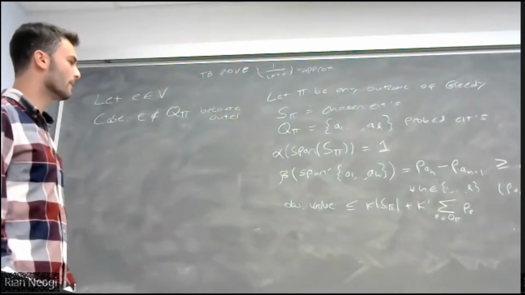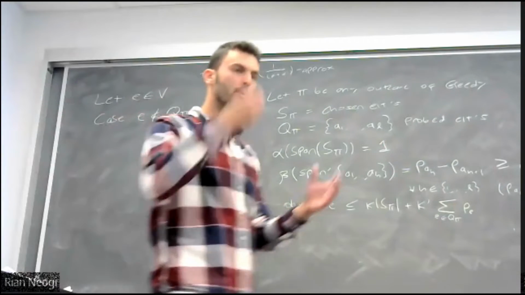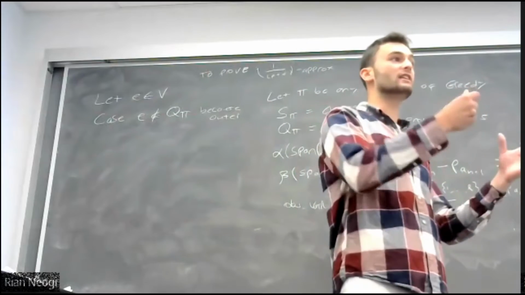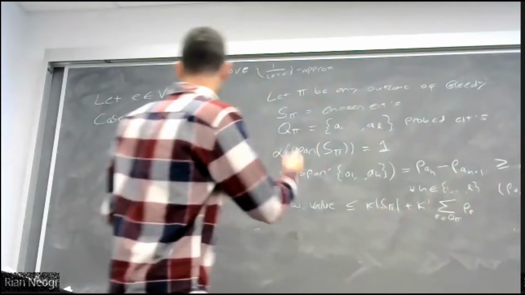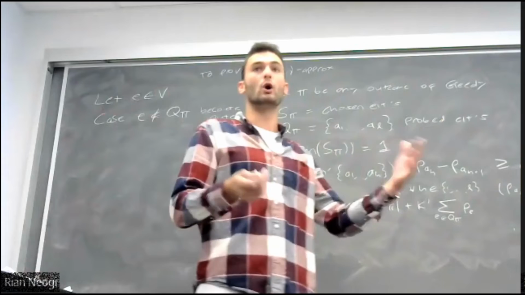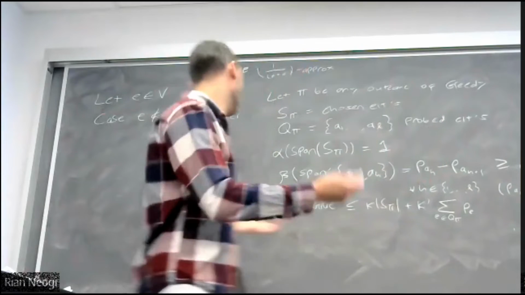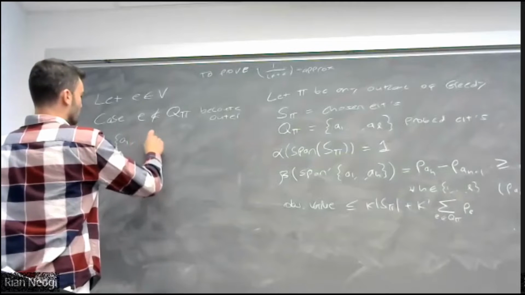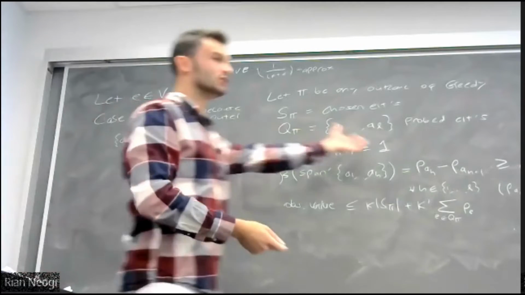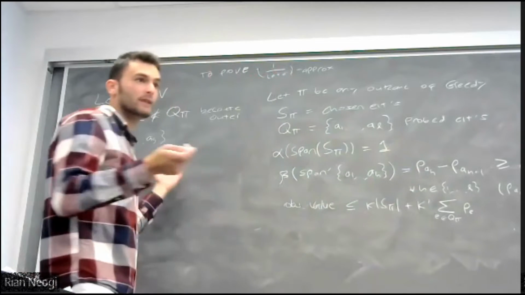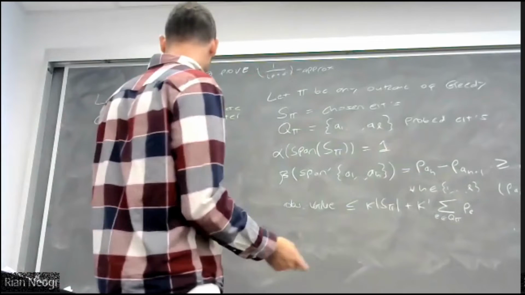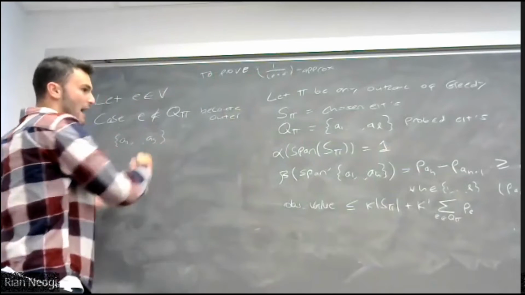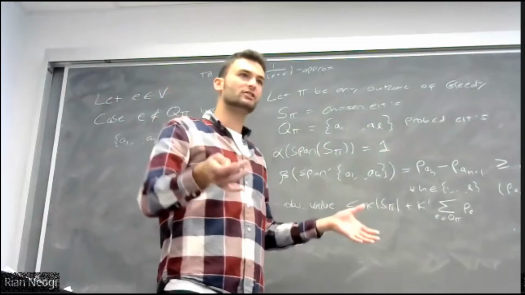What happens here? Well, let's consider the point in the algorithm when E was considered. Let's look at what the set of probed elements was at that point. It was, say, A1 up to AG for some G. This could also be empty, it's possible. But we have some set of probed elements at this point.